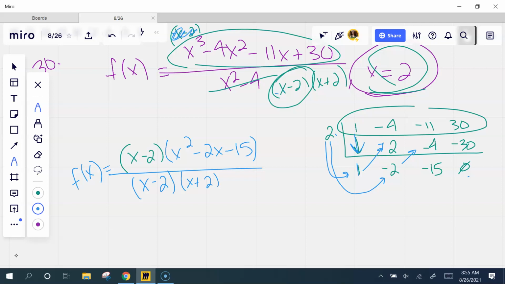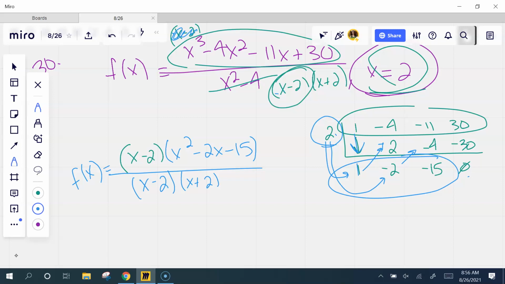The 2 on the outside tells you that x minus 2 times this equals what you started with. It's a division problem is all it is.